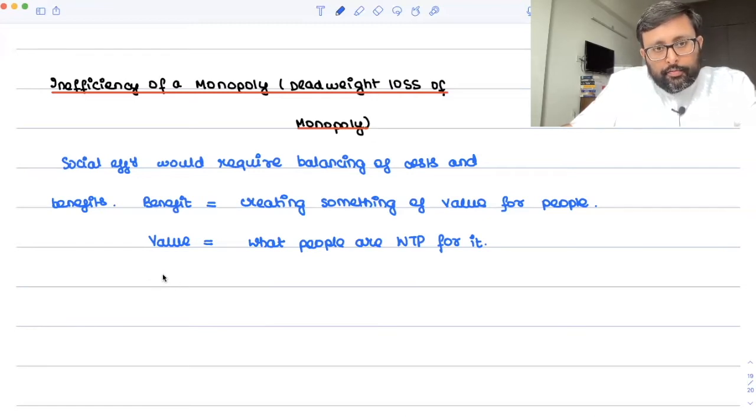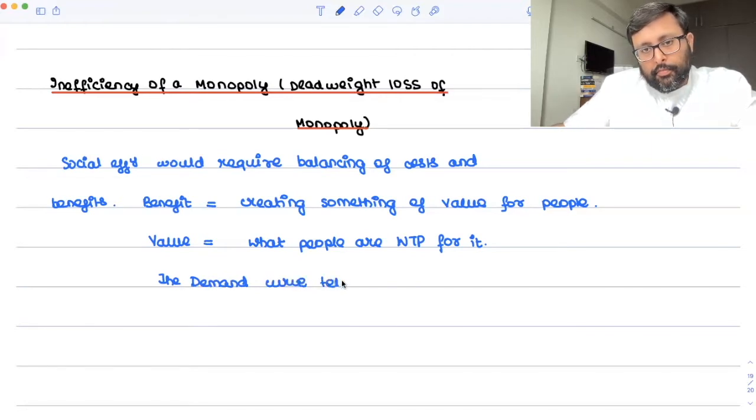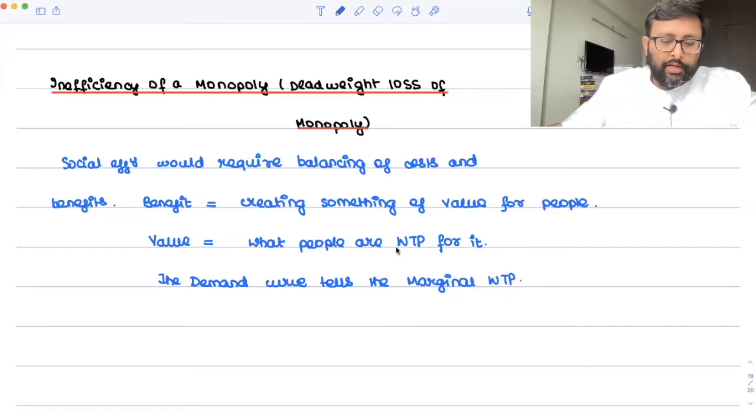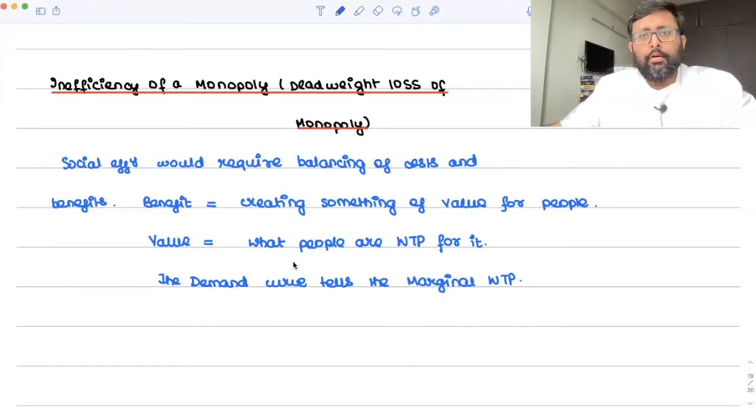The demand curve tells the marginal willingness to pay. So basically what the demand curve is telling us is what benefits are being appropriated by society when the firm is creating some product.